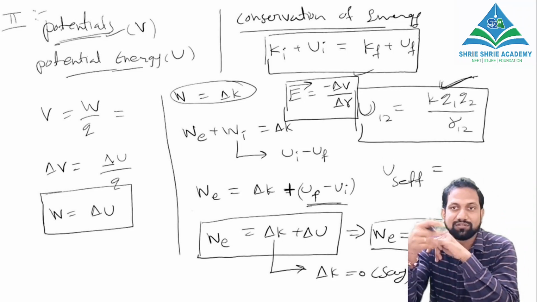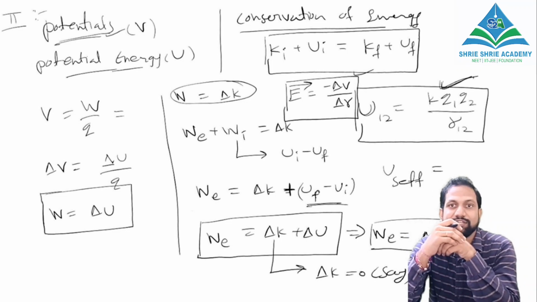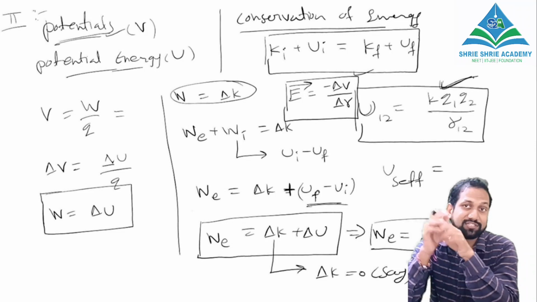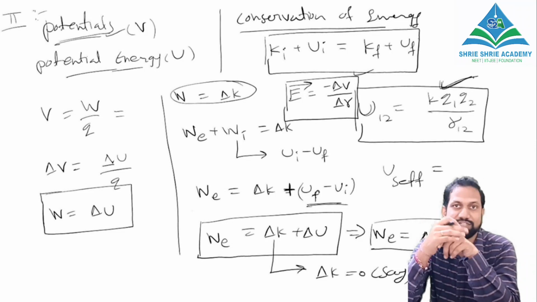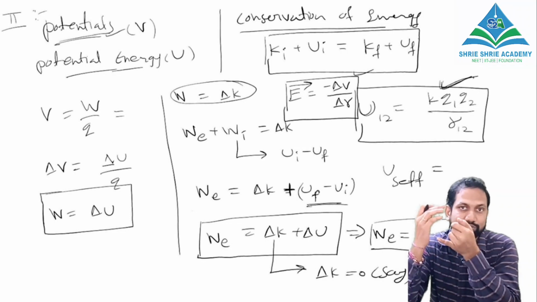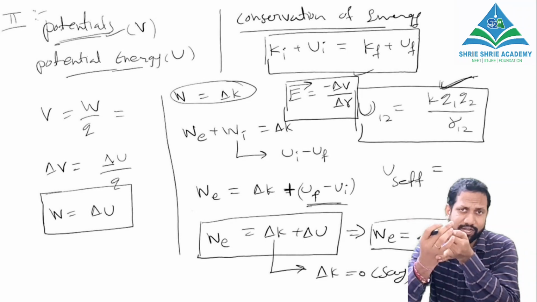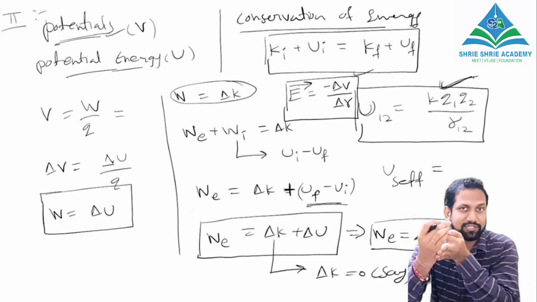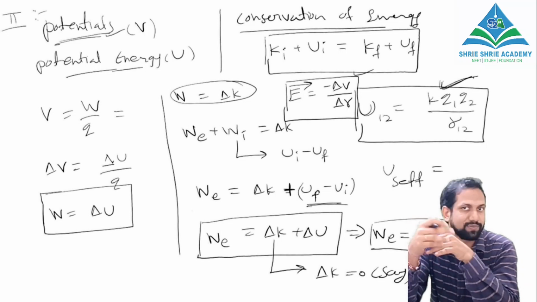Coming to the next concept, the potential due to various objects, just like the field due to various objects that we studied in case of field. Field due to monopoles like charges, field due to a dipole, field due to spherical charge distributions like a hollow sphere, solid sphere.